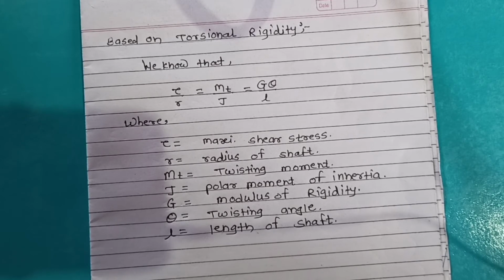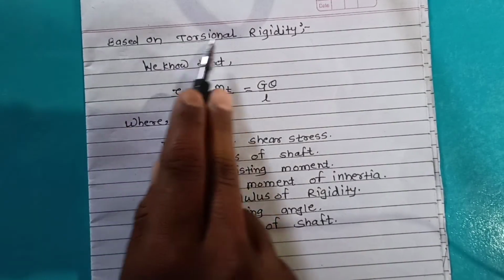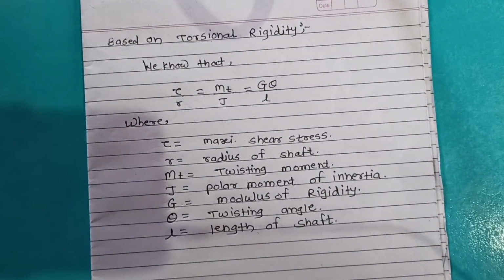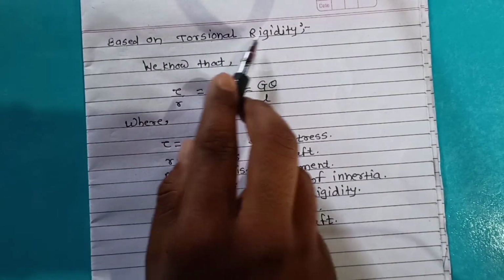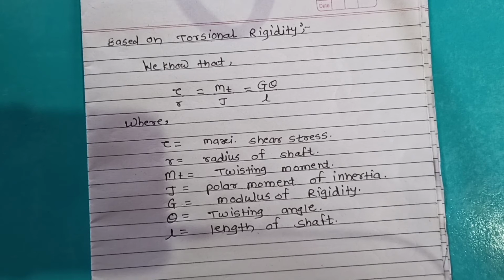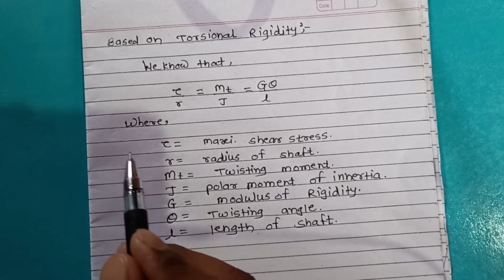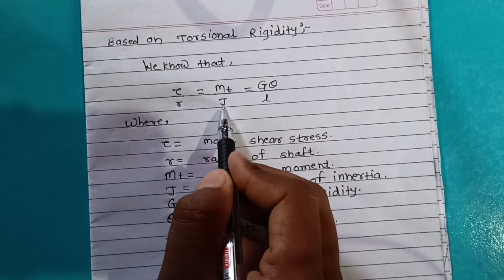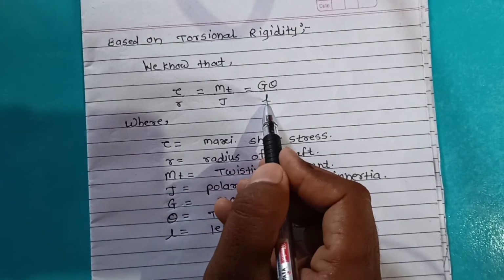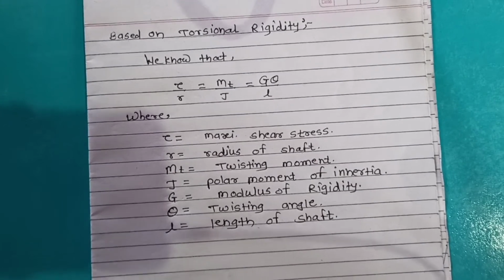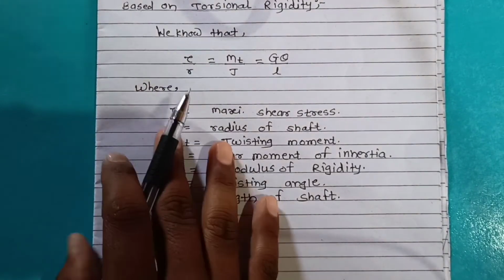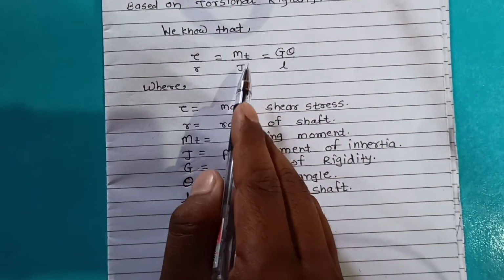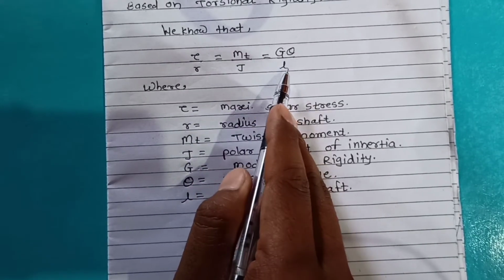Now in this part we will see design of shaft based on torsional rigidity. We know the formula of torsional rigidity: tau by r is equal to Mt by J is equal to G theta by L. What is meant by tau, r, Mt, J, G, theta and L?